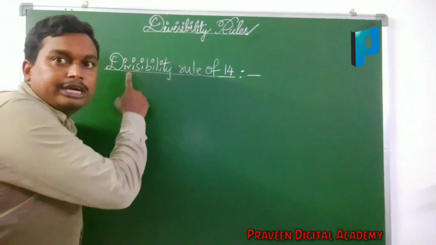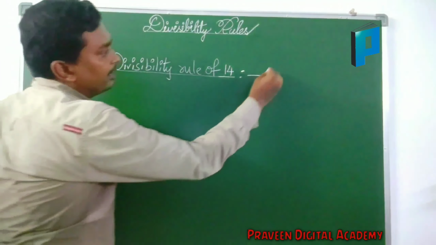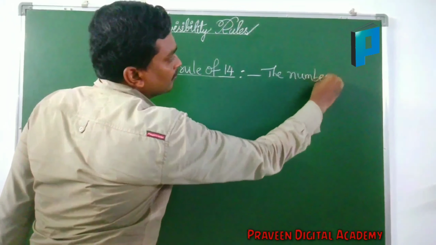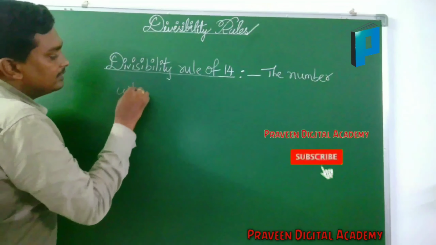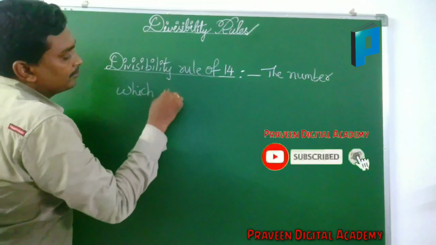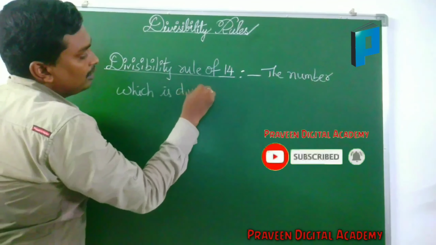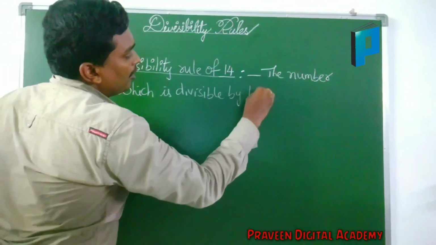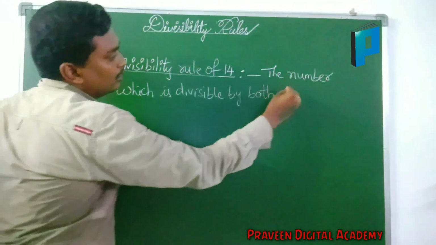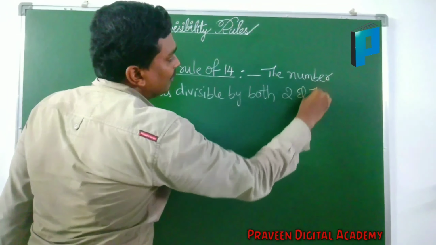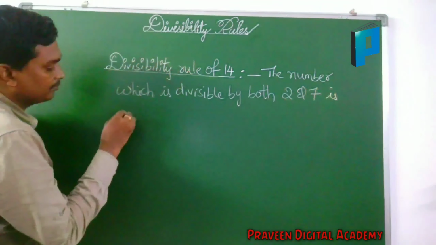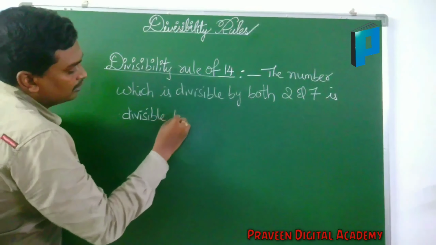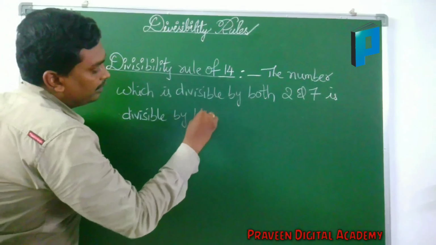Let us go for the divisibility rule of 14. The number which is divisible by both 2 and 7 is divisible by 14.